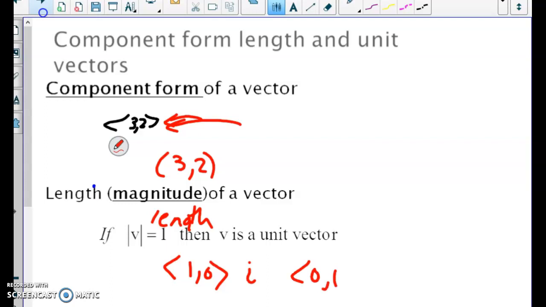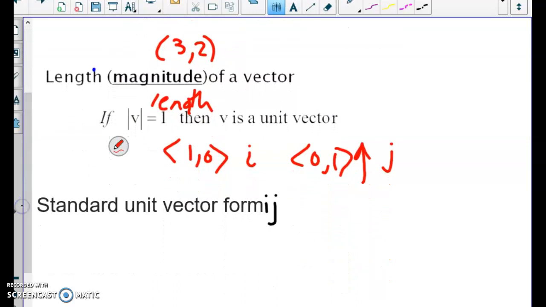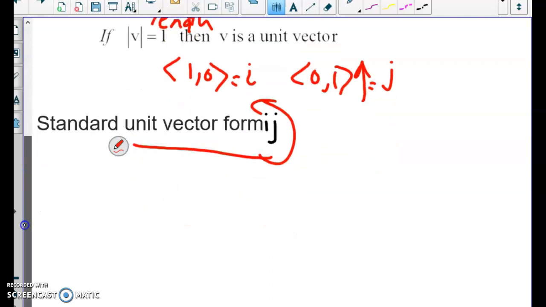And we have this unit vector going vertically. We consider that J. So there are multiple ways to write vectors: the standard unit vector method and component form so far. When we use this unit vector, that's the IJ form. Standard unit vector is IJ form.